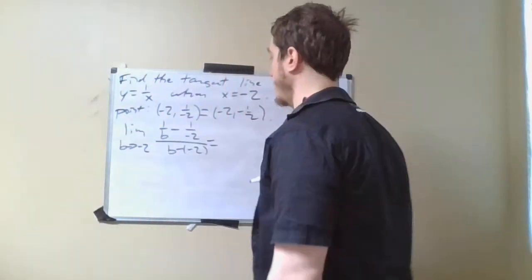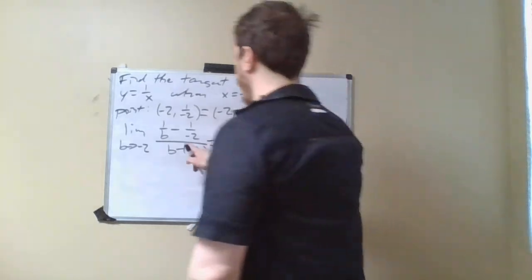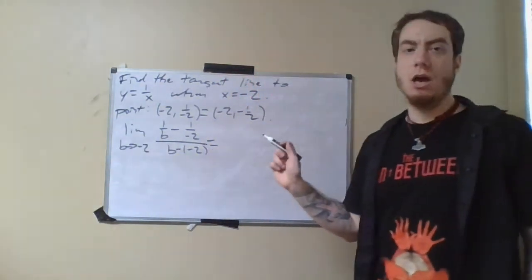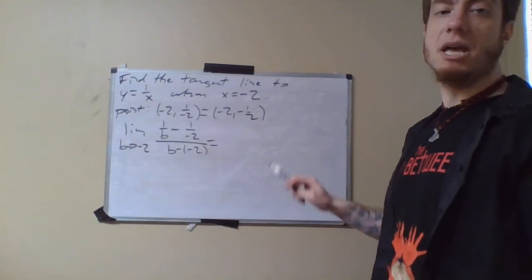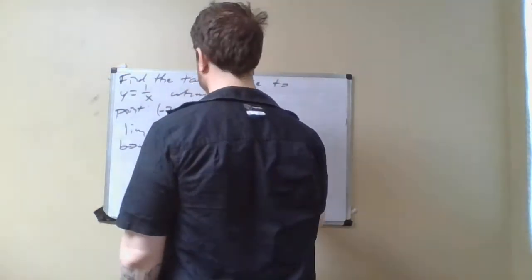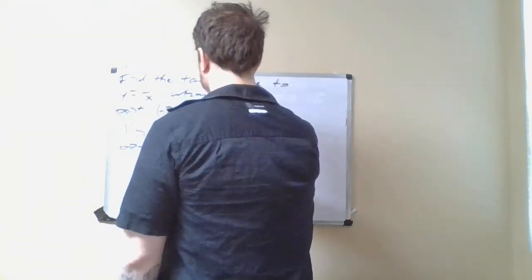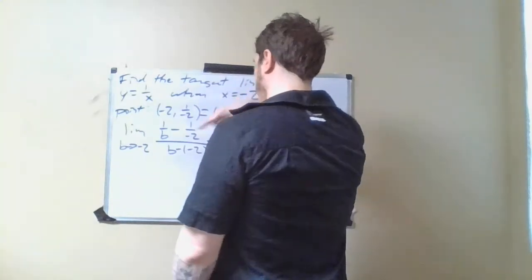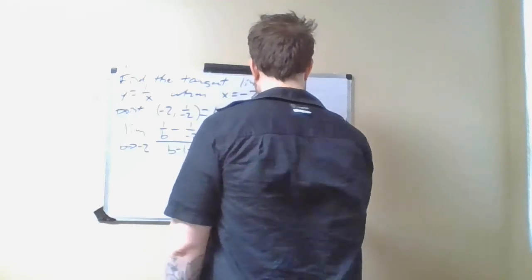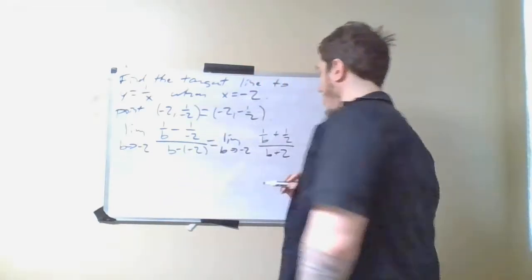Now, what am I going to do at this point? Well, we can do a bit of simplification, because this is a complex fraction, right? And we're used to simplifying complex fractions. Or maybe we used to be used to them, and maybe you haven't done it for a while. But let me rewrite this like so: the limit as b approaches -2 of (1 over b plus 1/2) divided by (b plus 2).